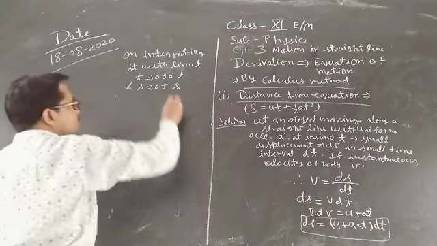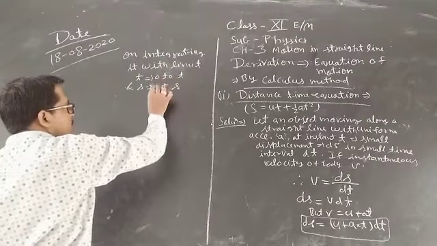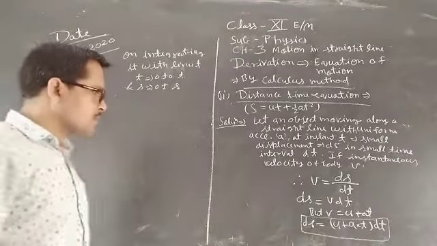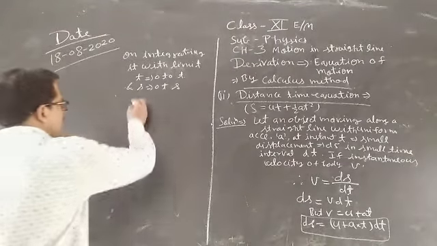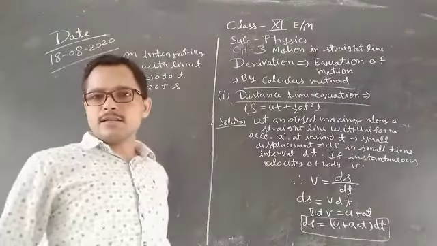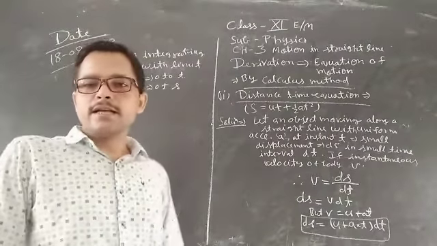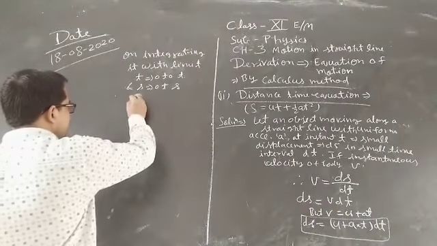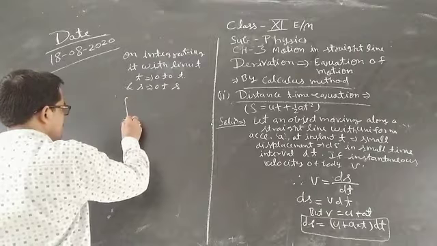This is the initial limit, and this is the final limit. Now we put this value here. Now we will prove it by the integration method, taking limit by limit.